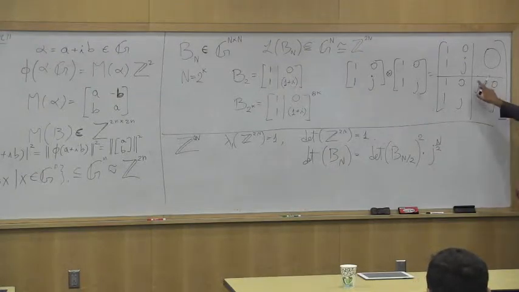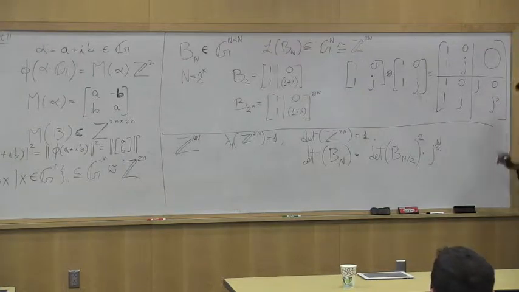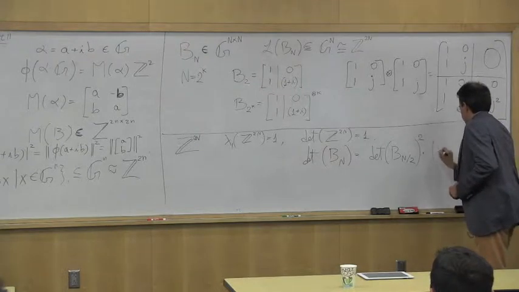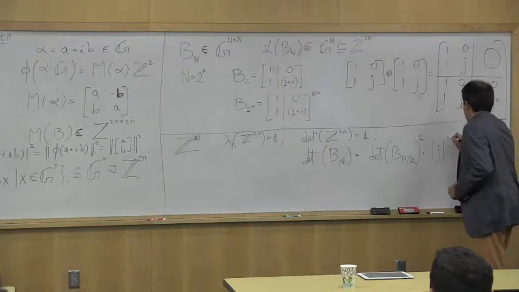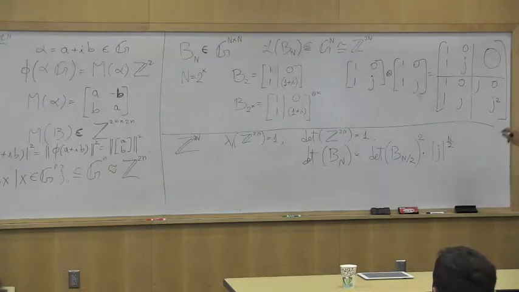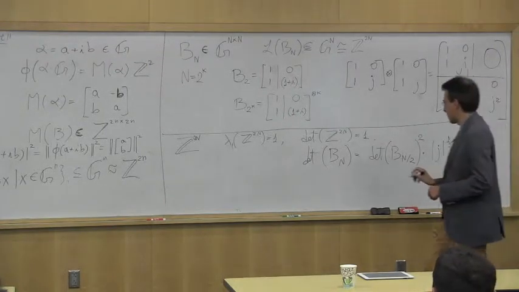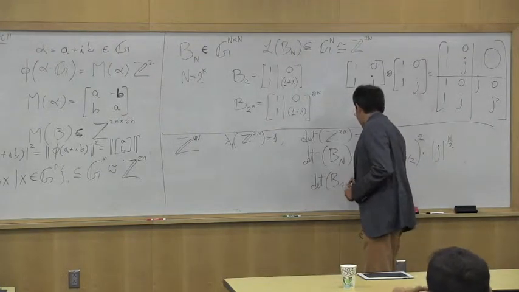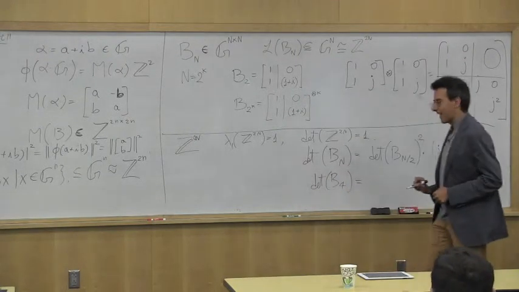So we have J, n over 2, should be n over 2, correct? Yes, and of course this is the absolute value of J. So let's see if this is correct for 4. If it's correct for 4, sure it's correct for everything.